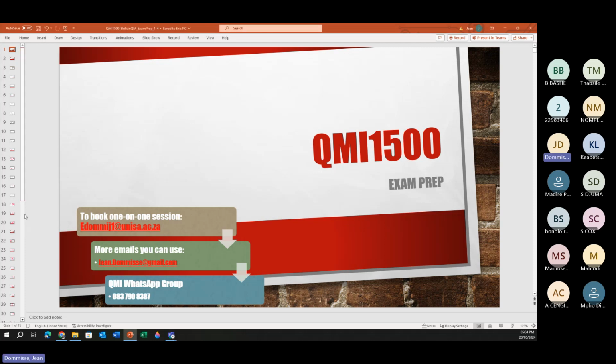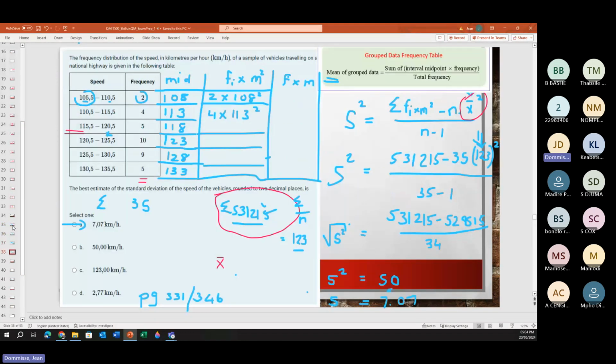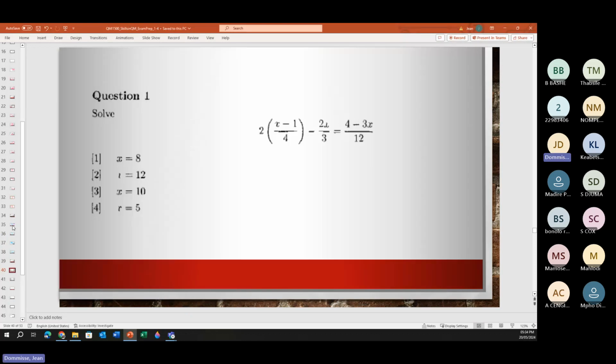Looking at the exam prep, let me get to the portion that we want to get to. So again, just previous exam papers.